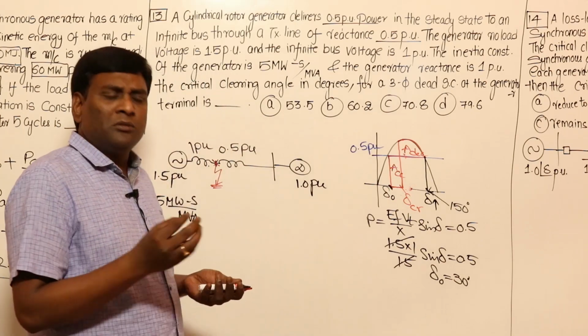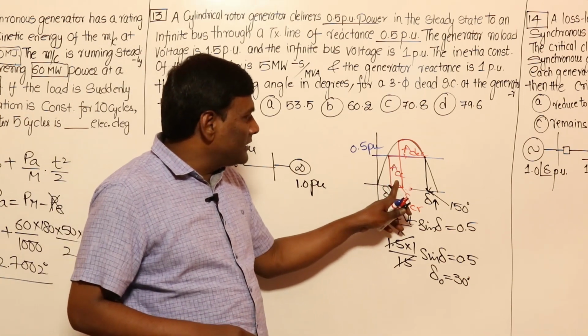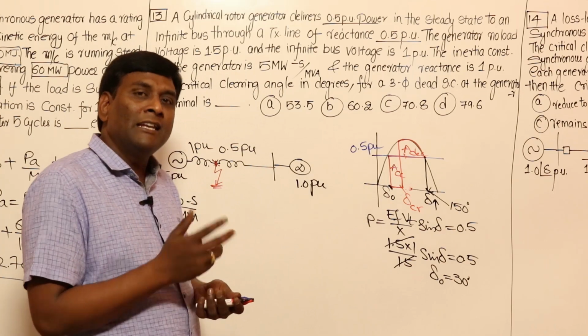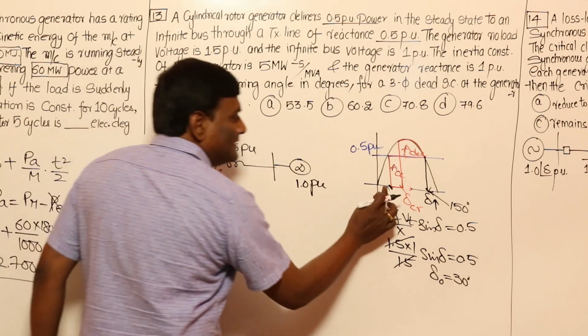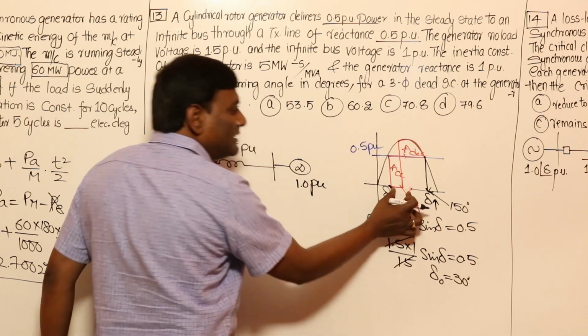Now let us do a small integration. So this area should be equal to this area, under that condition critical clearing angle will come. So what is this area? It is nothing but 0.5 into delta CR minus delta naught.